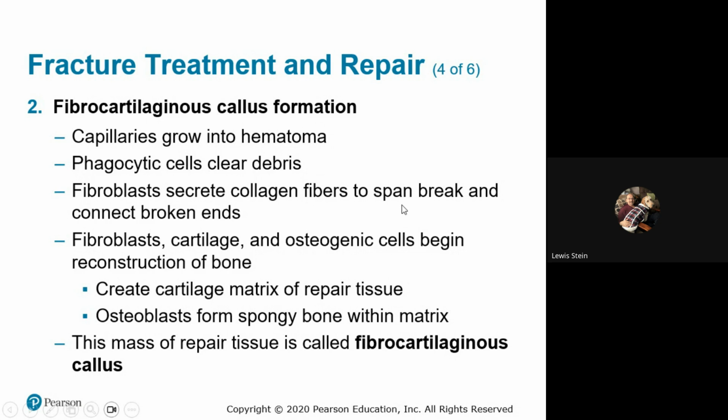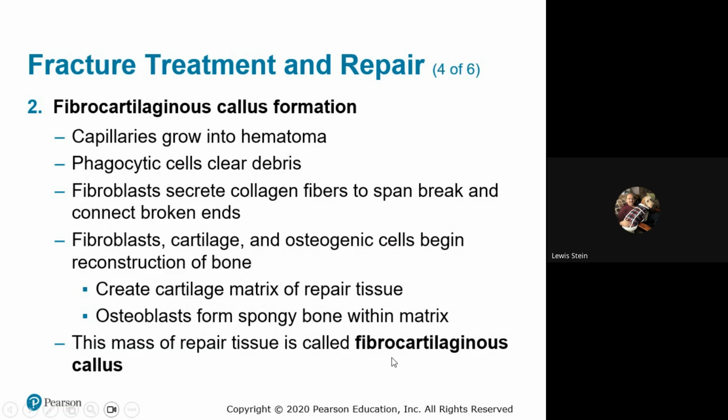And now collagen starts, then fibroblasts, which can become chondroblasts and eventually osteoblasts. Matrix starts with spongy bone. So you're going to see it starts with spongy bone as the remodeling completes over time. Now you have the exterior becoming cortical bone and the cancellous or spongy bone in the middle.